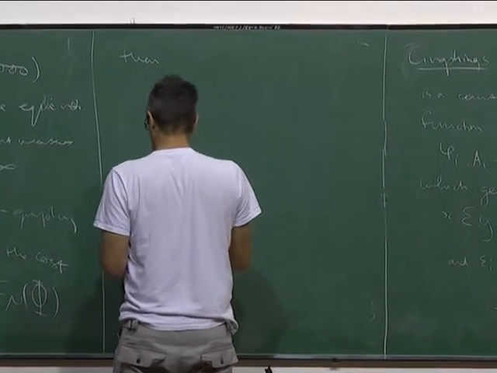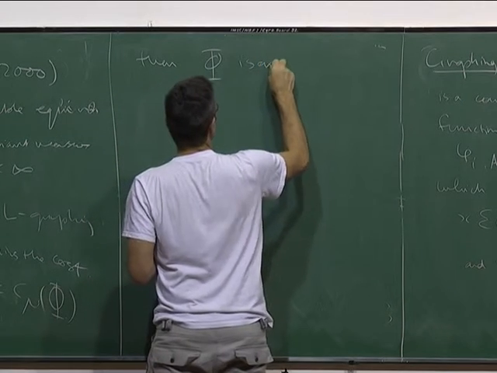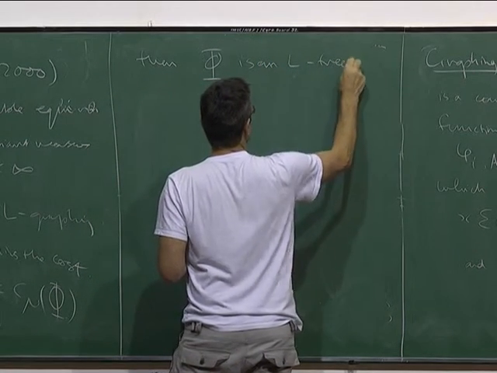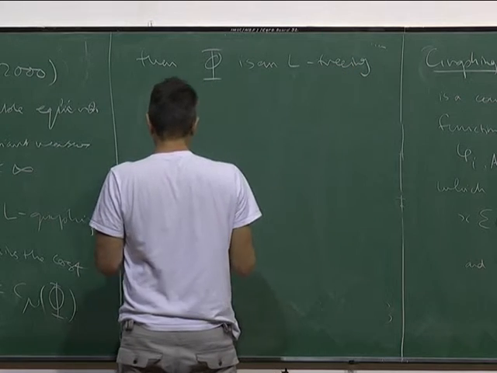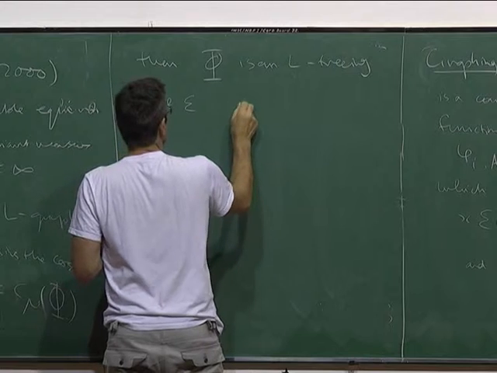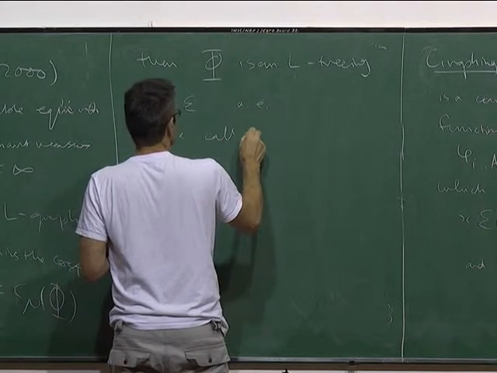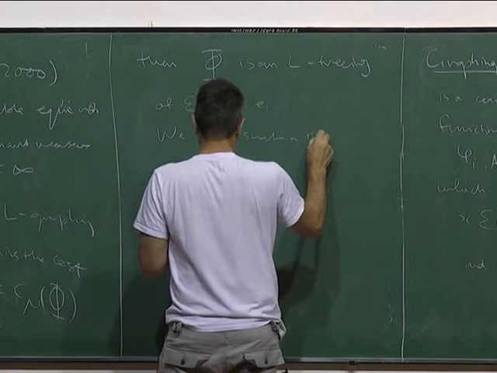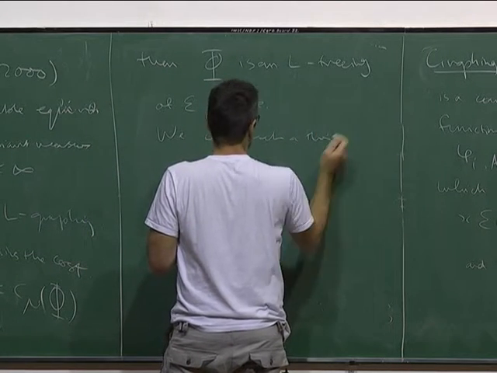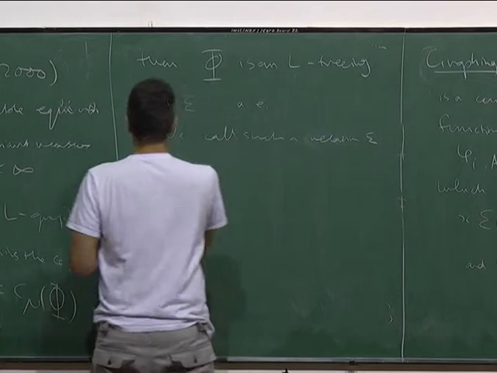Then phi is an L tree of E almost everywhere, and we call such a relation treeable.